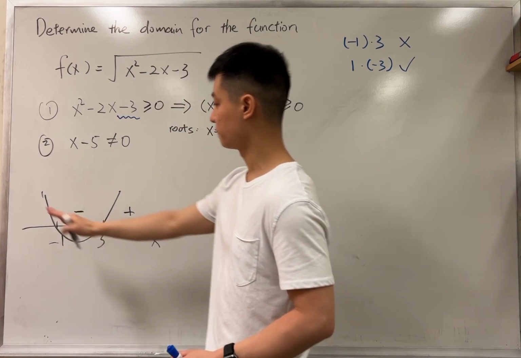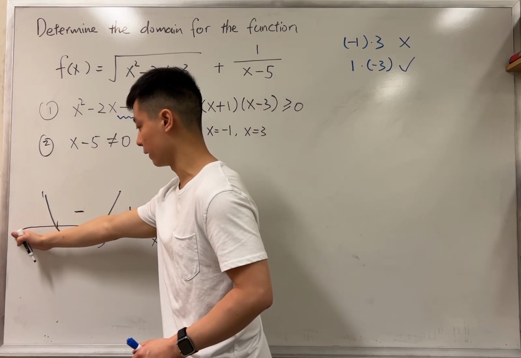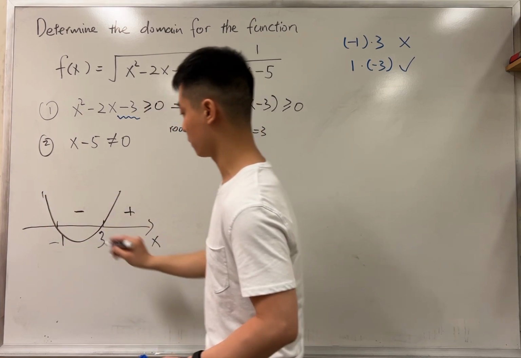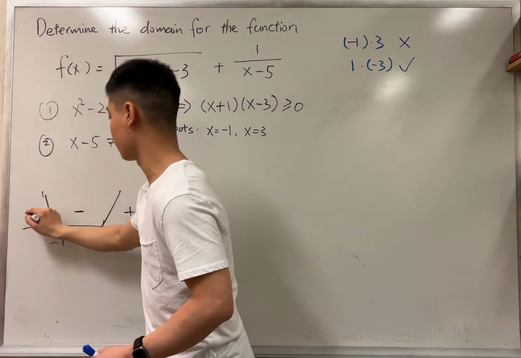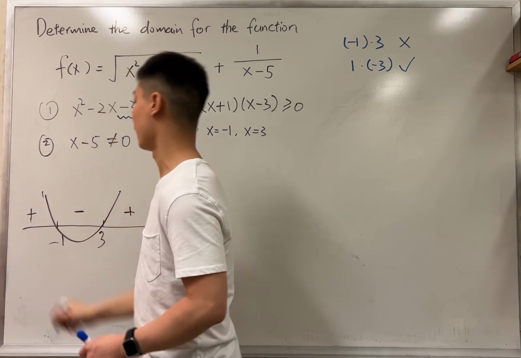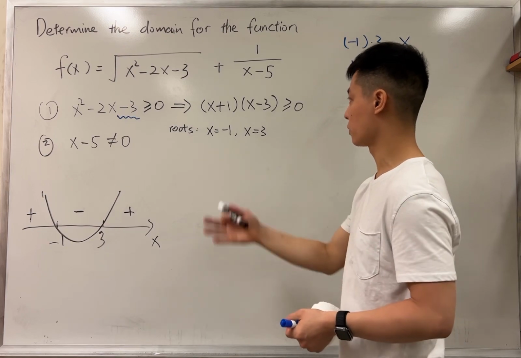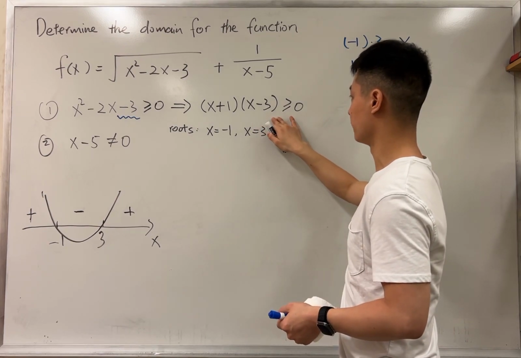And at last, on the interval from negative infinity to negative 1, this is above the x-axis, so it has a positive sign for the function. And after we have this analysis, let's come back to the inequality.